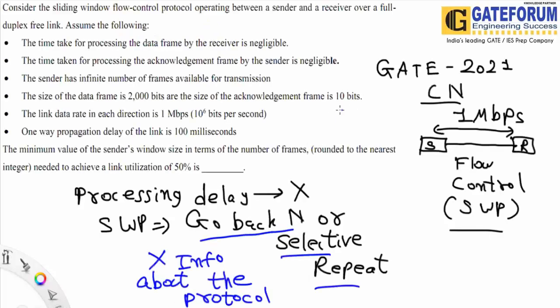So the T of acknowledgement I am calculating on the new slide. It would be length upon bandwidth. The acknowledgement frame has 10 bits and the bandwidth in both directions is 1 Mbps, which means 10 raised to 6.